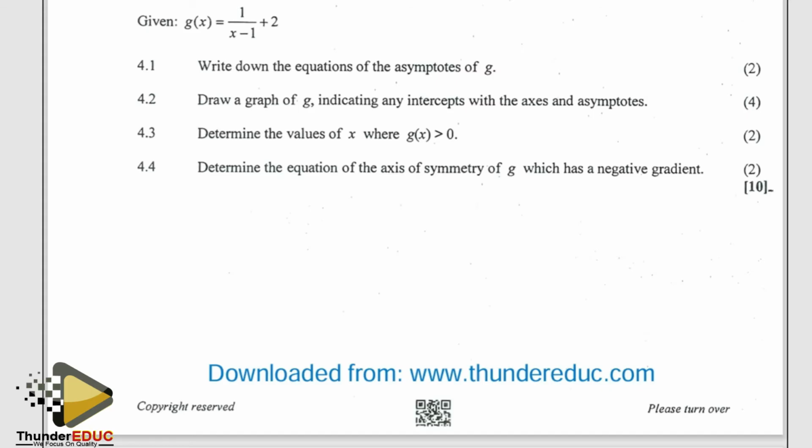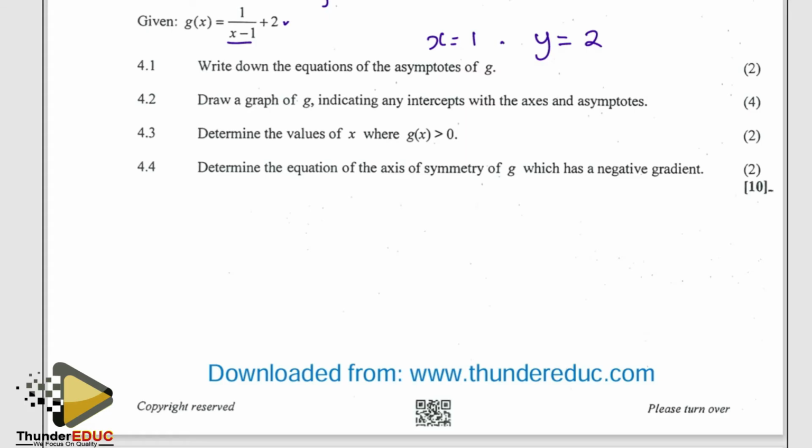Since the x is in the denominator, this is a hyperbola. Now we know that with the hyperbola, asymptotes are just the bottom part and then the isolated constant part. So you're going to say x is 1 and y is 2. Switch the sign of the x, leave the y the way it is.